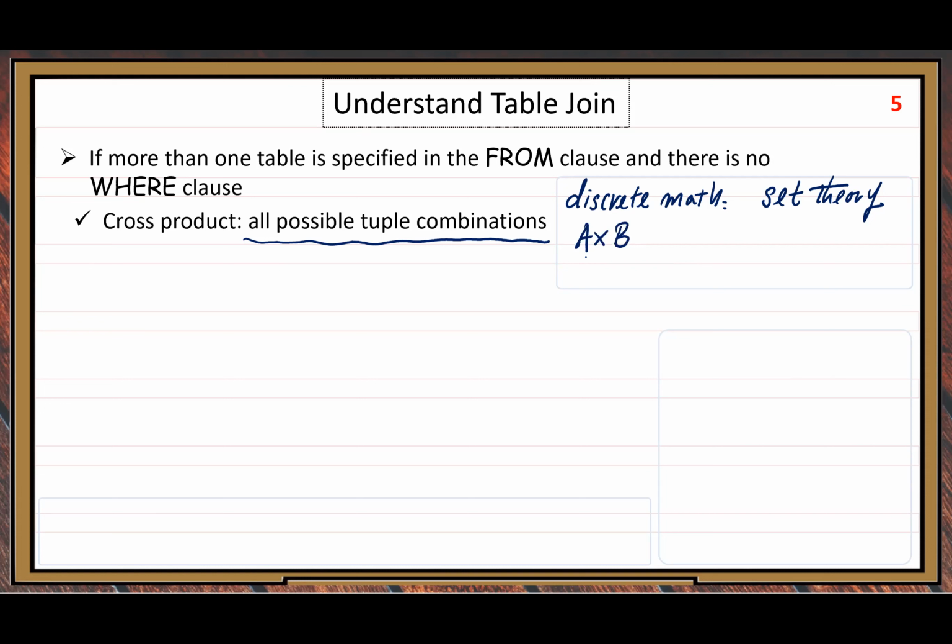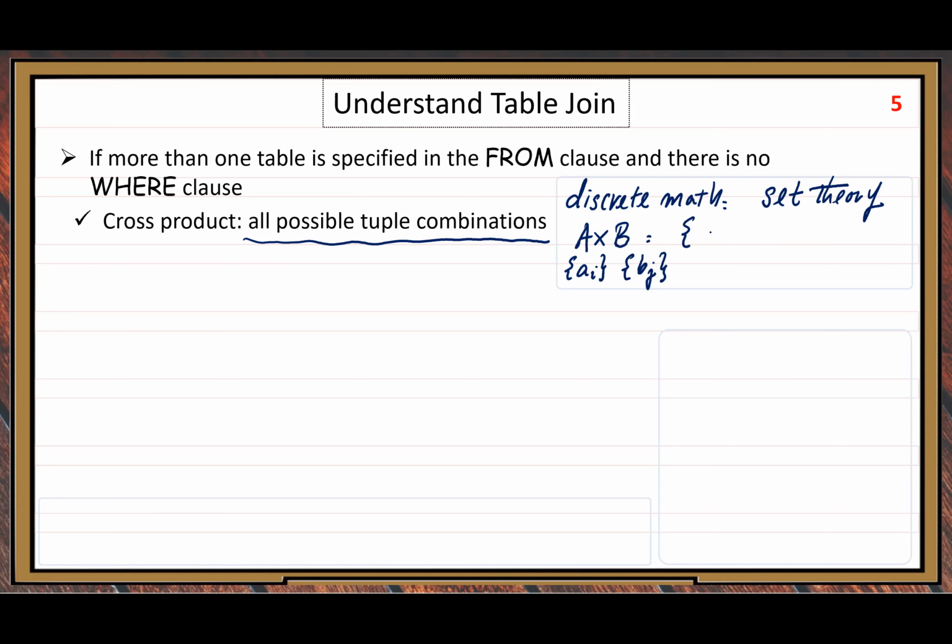If I go back to set theory, A cross B: A is a set, a list of elements A sub i. B is another set, B sub j. A cross B forms a new set.